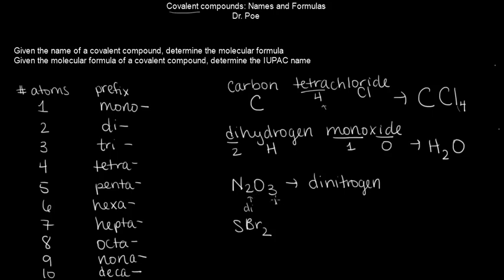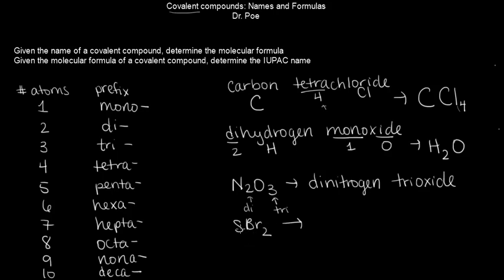Okay, so then we're going to have 3. 3 means tri. So trioxide, instead of saying oxygen, we're going to say oxide. So dinitrogen trioxide will give us this formula. Okay, so now pause the video, work on the second one, see what you come up with.